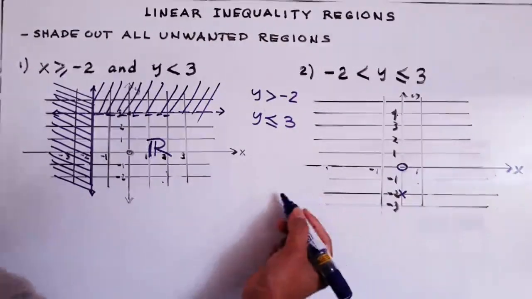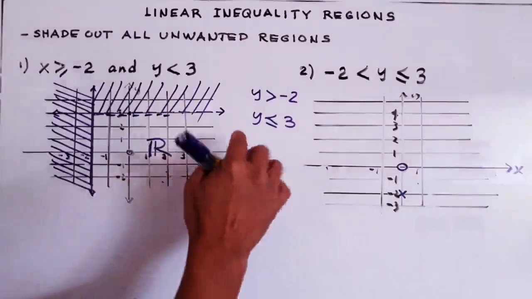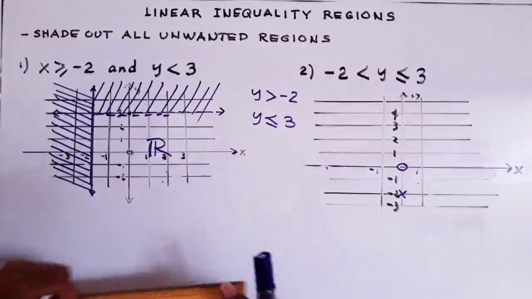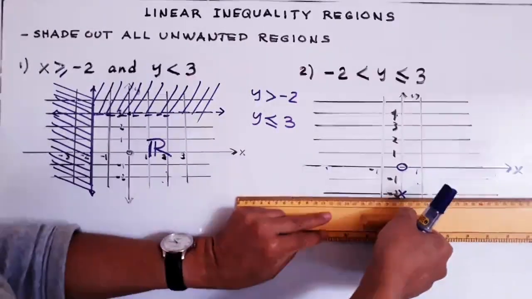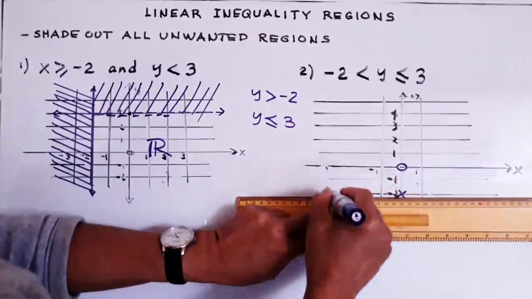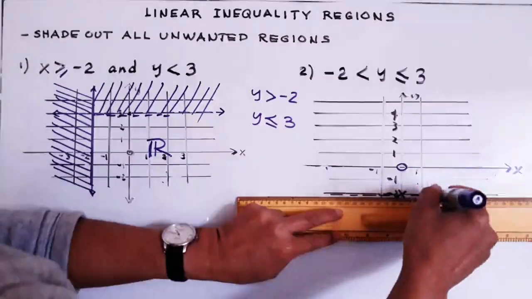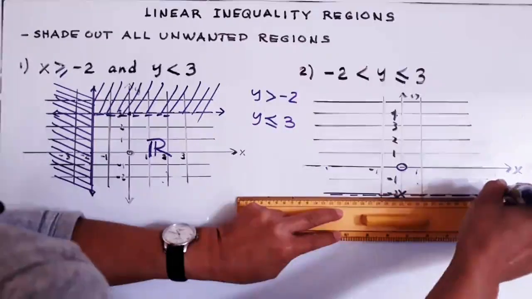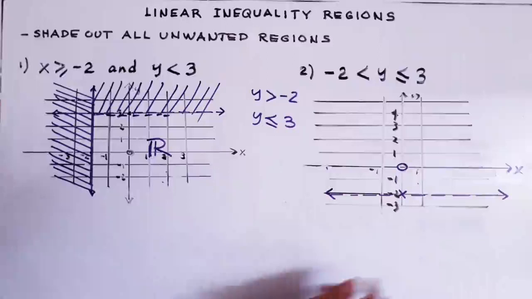So we are going to draw a horizontal line there. And what kind of horizontal line are we going to draw there? It is without the equality symbol, so we're just going to have the dotted line here. Okay, the dotted line for this one. And then we draw an arrow signifying that that is our line.